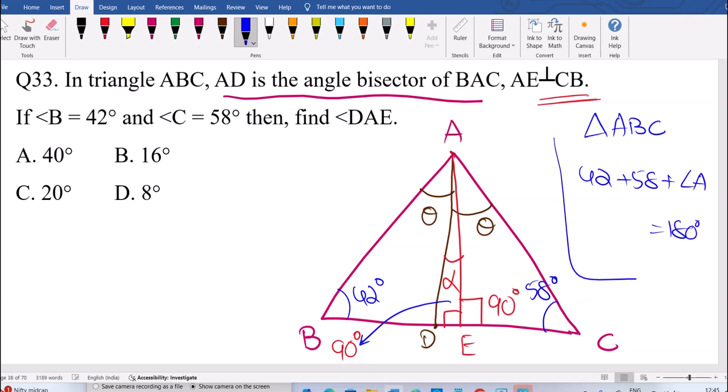Here we got A value, angle A is nothing but 80, and we divide it into 2 equal parts here. This is 80. Now theta is nothing but 40 here, dear. This is 40 degrees, this is 40 degrees. That A is 80, it's divided into 40 and 40. That's what angle bisector does.